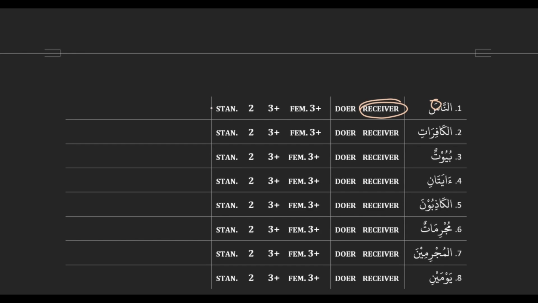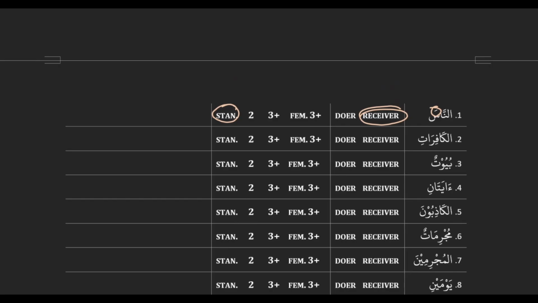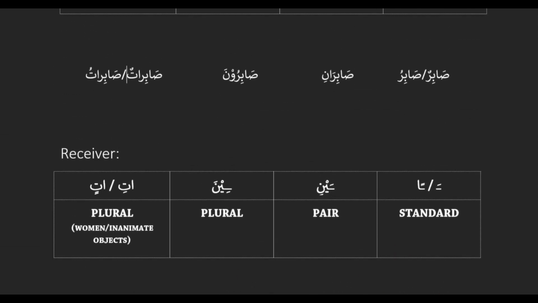Okay, number 2, el-kafirati. So the label is the i at the end. And where do you have an i label? It doesn't match with anything. So remember, we're not just looking at the haraka at the end. If we go back and look at our labels, some of them are made up of letters, more than just the haraka.